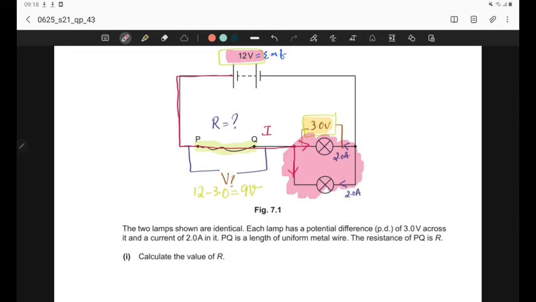Both the lamps are identical, so the same amount of current will flow, and it's already mentioned that 2 ampere current is flowing through each. So here it must be a 4 ampere current, because the current splits equally into 2 and 2, and the total sum should be 4. So there must be a 4 ampere current flowing through this wire.